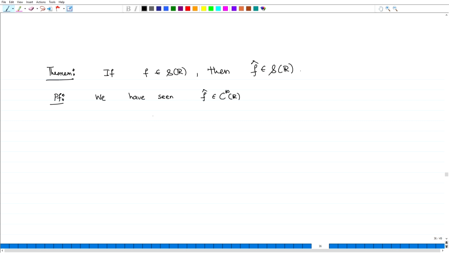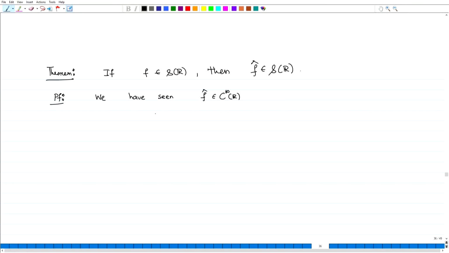Now we would like to look at the decay, whether the derivatives of f hat are killing the polynomials or not. To show the rapid decay, let us look at xi to the power n times f hat m-th derivative of xi.